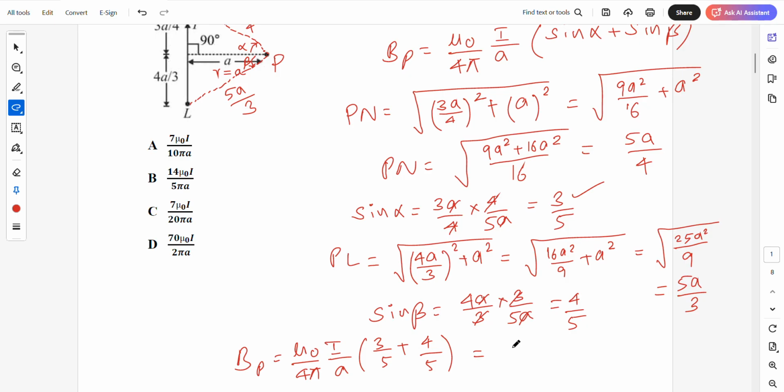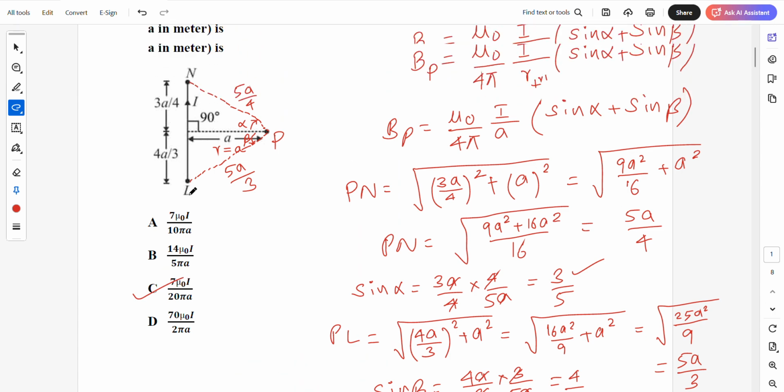That is equal to mu naught by 4 pi into I by a, you can take 5 as LCM, 7 by 5, that is equal to 7 mu naught I divided by 4 5s are 20 pi. 7 mu naught I divided by 20 pi. This is the right answer.